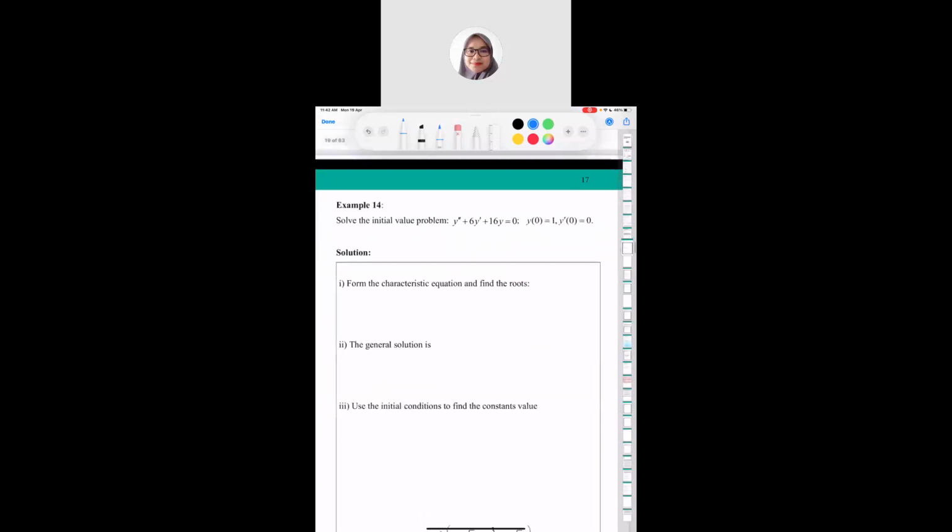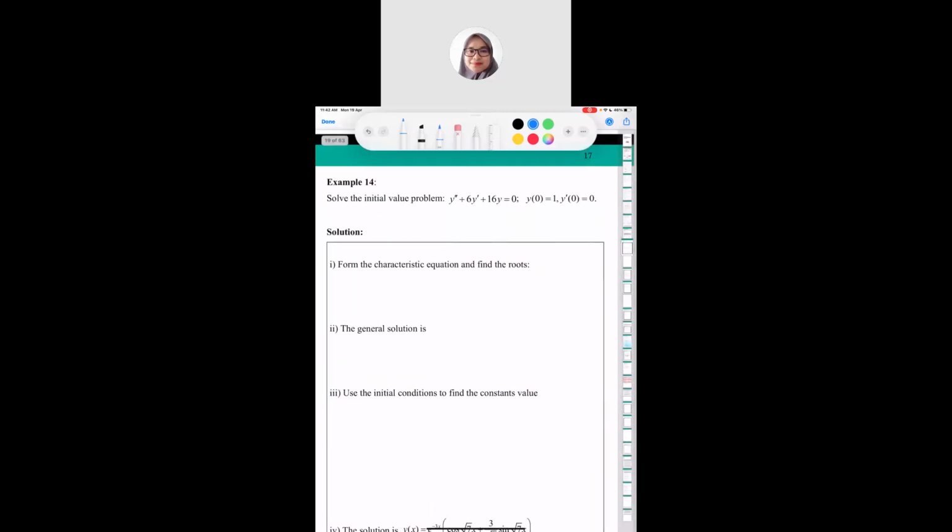Okay, kita tengok lagi satu contoh. Kalau you ada initial condition, solve the initial value problem. Kita dah bincang initial value apa, boundary value apa, betul? Sekarang ni you ada semua y kosong, kita ada initial value problem.